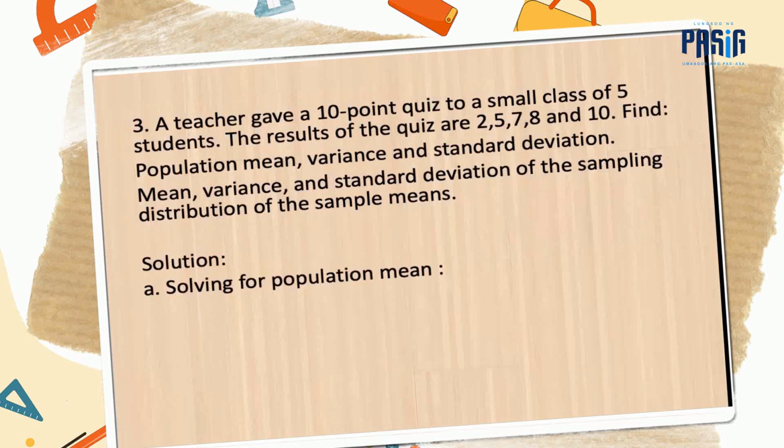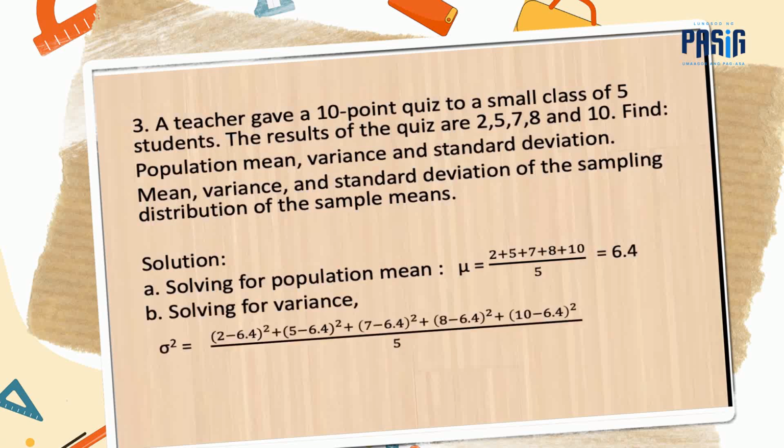Solution. Solving for the population mean, we add 2 plus 5 plus 7 plus 8 plus 10 divided by 5. The answer is 6.4. Then for the variance, we get the square of 2 minus 6.4, plus 5 minus 6.4 squared, plus 7 minus 6.4 squared, plus 8 minus 6.4 squared, plus 10 minus 6.4 squared, all over 5.